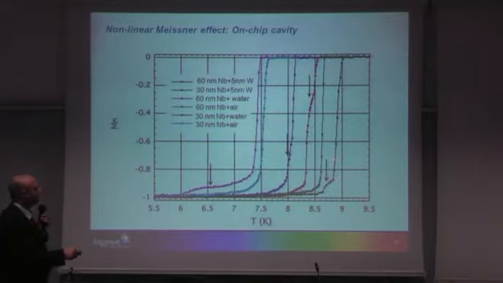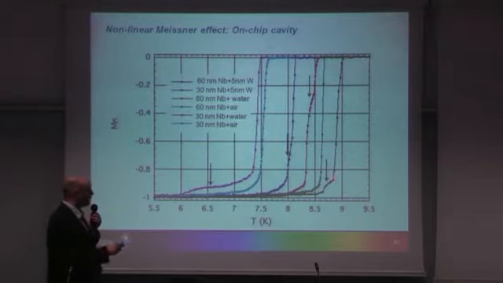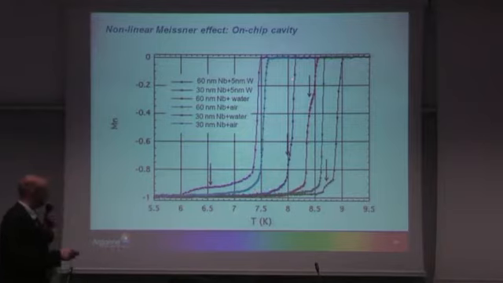And we did some SQUID measurements on each of these types of samples we sent. So there is a bunch of them here, but this one in black is a 60 nanometer niobium film coated in situ with tungsten, so no oxides, Tc of 9 Kelvin. The 30 nanometer is the blue one, so it's thinner, also coated with tungsten, so no oxide.